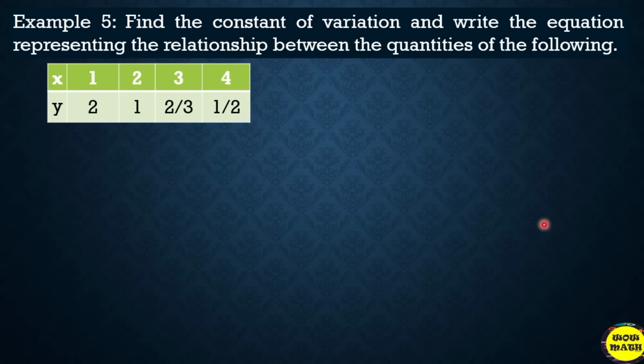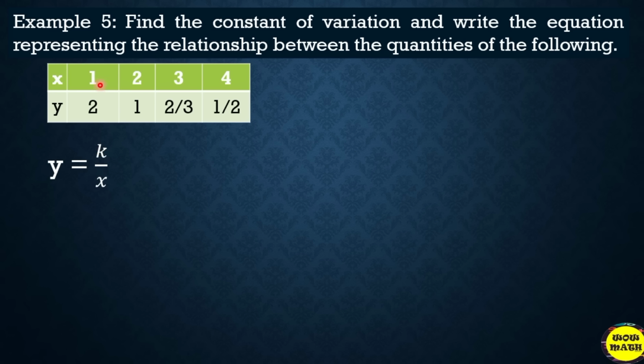Anong gagawin natin given the table of values? So, first, since meron tayong dalawang variable, y at saka x, so yan ang gagamitin natin. Okay? Sabi kanina that y is equal to k over x para makuha natin yung constant nitong inverse variation. Okay, so paano natin kukunin?